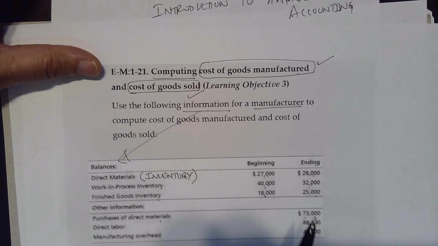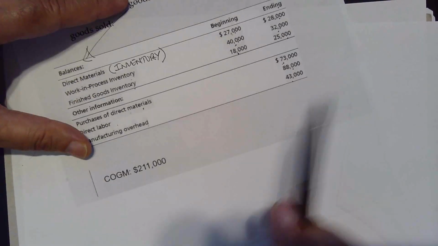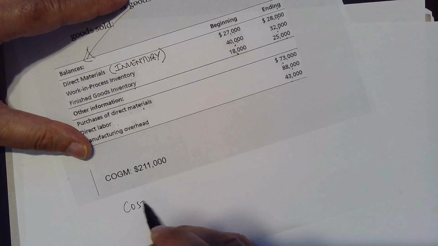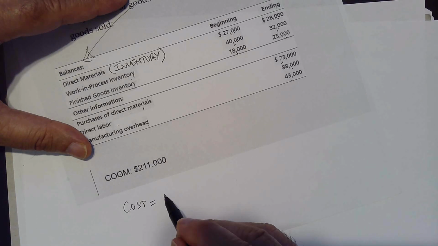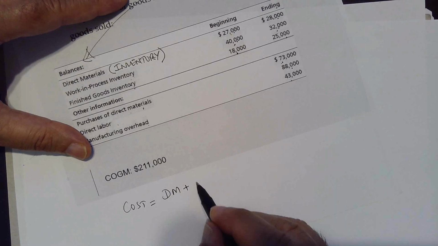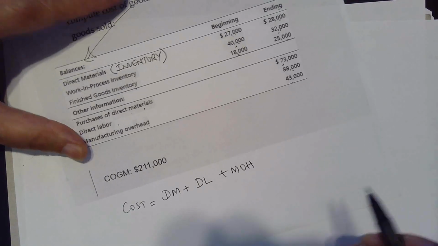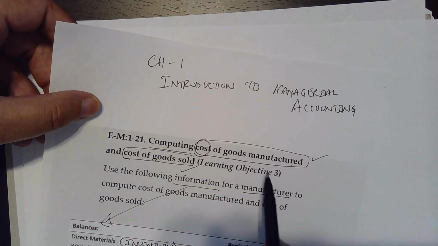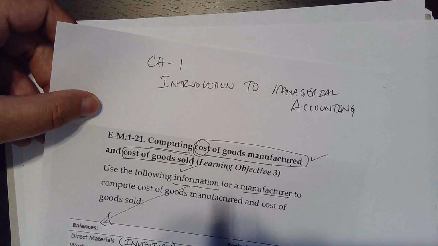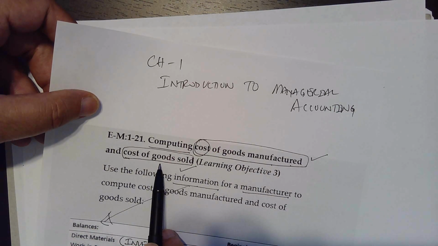As you have read in this chapter, the cost basically has three components: direct material, direct labor, and manufacturing overhead. So we are going to calculate the two costs here: the cost of goods manufactured and the cost of goods sold.